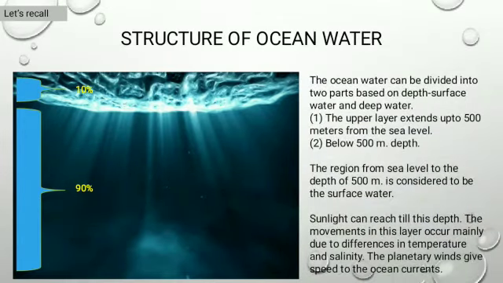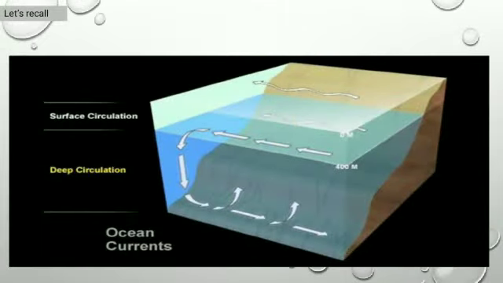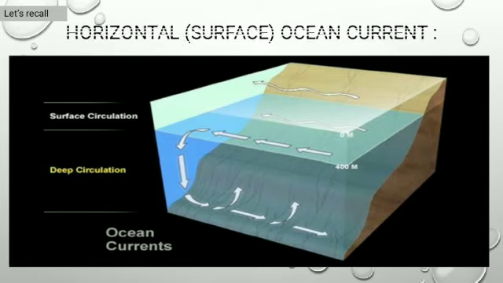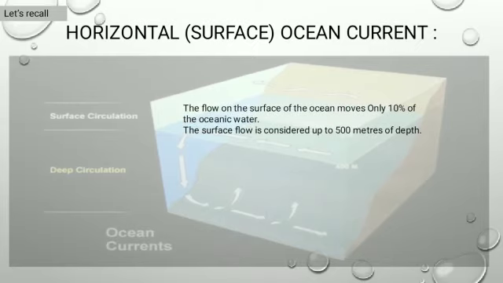Generally surface ocean water is up to 500 meters of depth from the surface of water. We have seen the meaning of surface ocean water and its benefit. What is a surface ocean current? The flow on the surface of the ocean, which moves only 10% of the ocean water, is considered a surface ocean current.